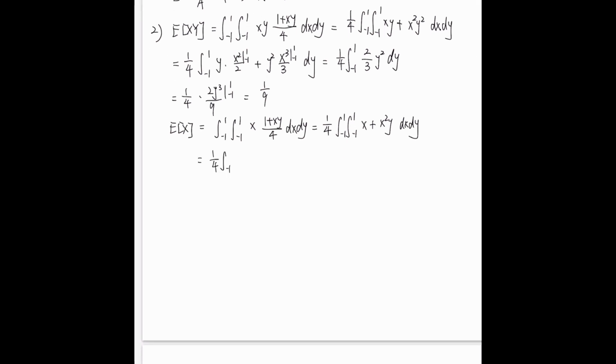E of x equals integral -1 to 1, integral -1 to 1, x times (1 plus xy) over 4 dx dy equals 1 over 4, integral -1 to 1, integral -1 to 1, x plus x squared y dx dy equals 1 over 4, integral -1 to 1, x squared over 2 from -1 to 1, plus y times x cubed over 3 from -1 to 1, dy equals 1 over 4, integral -1 to 1, 2y over 3 dy equals 1 over 4 times 2y squared over 3, -1 to 1, equals 0.